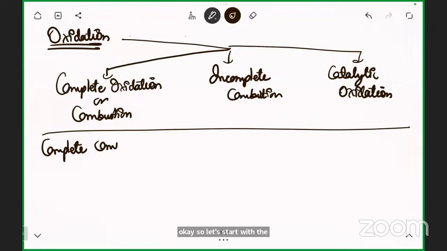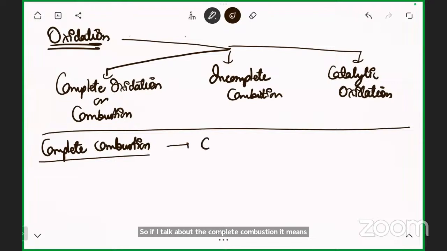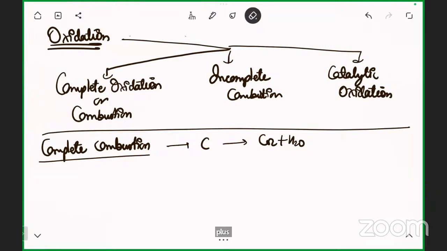If I talk about complete combustion, it means a sufficient amount of oxygen is present and the carbon compound will burn into CO2 and H2O plus heat.